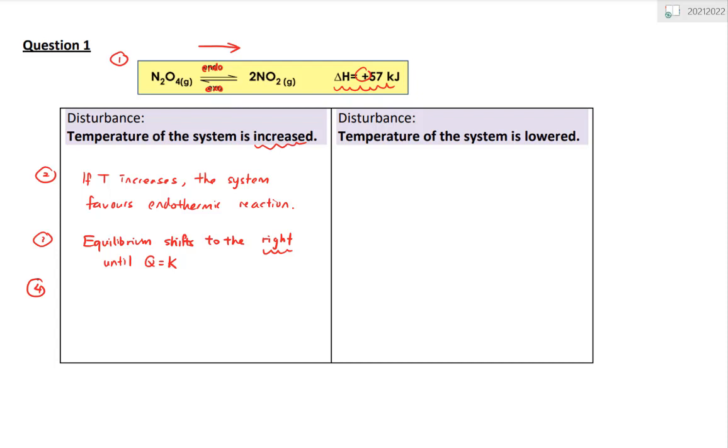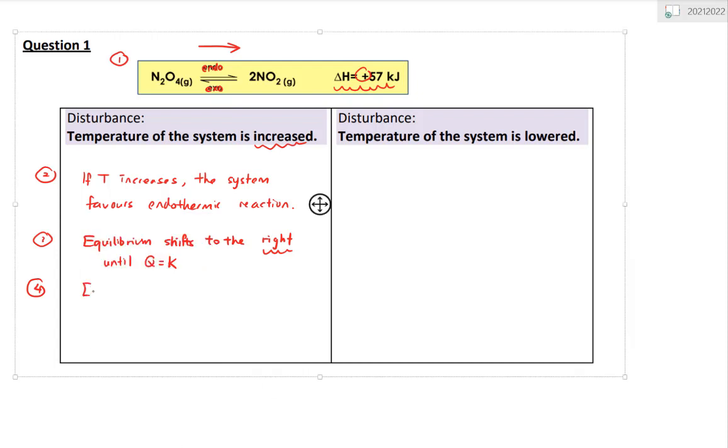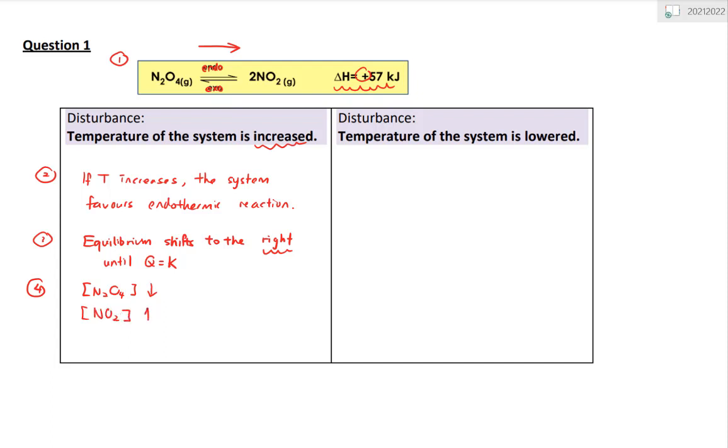So if your equilibrium shifts to the right, the concentration of N2O4, the reactant, will decrease, whereby the concentration of your product NO2 will increase. And last, we have our step number 5, which is to determine the value of K. So if you look at this Kc, we have the Kc expression with products on the top and reactants at the bottom.